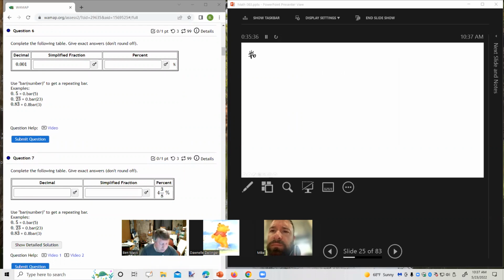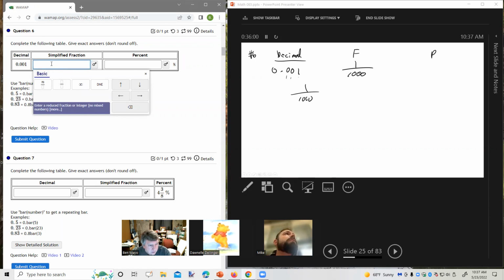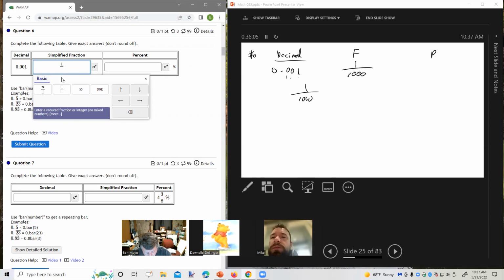Complete the table. We have the decimal, and that is 0.001. We have the simplified fraction and the percent. Well, 0.001 is 1 over, let's see, tenths, hundredths, thousandths, 1 over 1,000. That won't reduce any further. So our fraction is going to be 1 divided by 1,000.